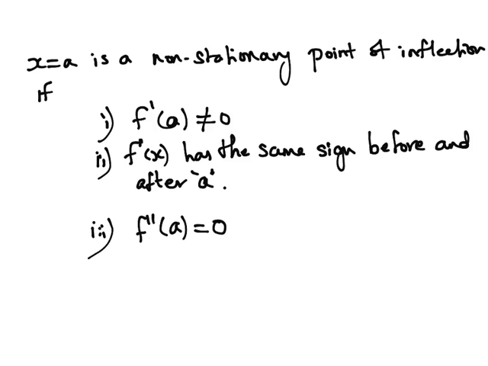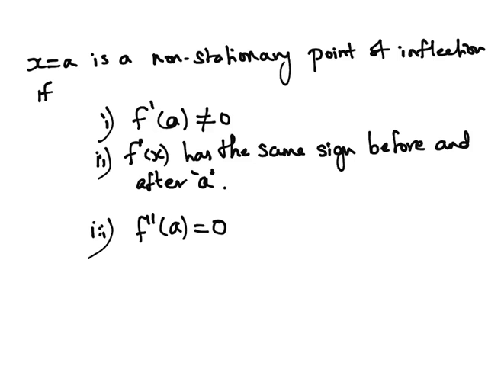So if we draw a number line, you will notice that before and after the non-stationary point of inflection, the first derivative has the same sign. And the third condition is the second derivative has to be 0. At a non-stationary point of inflection, second derivative has to be 0. If these three conditions are satisfied, then definitely x equal to a is a non-stationary point of inflection. That means it is a non-stationary point, but it is a point of inflection because the concavity changes at that point. Okay, so let me see an example.